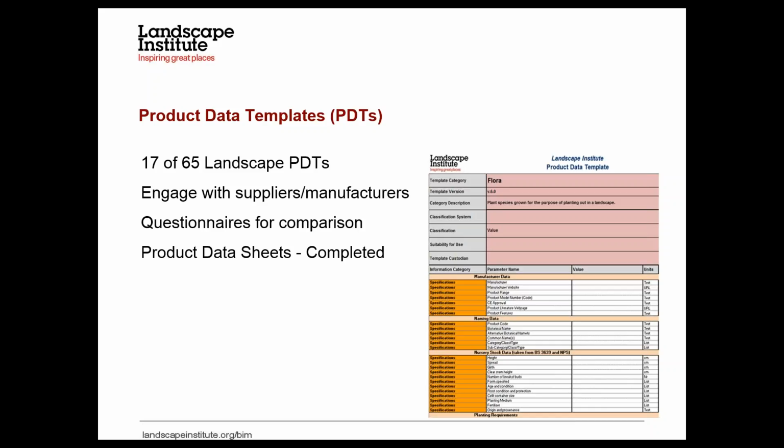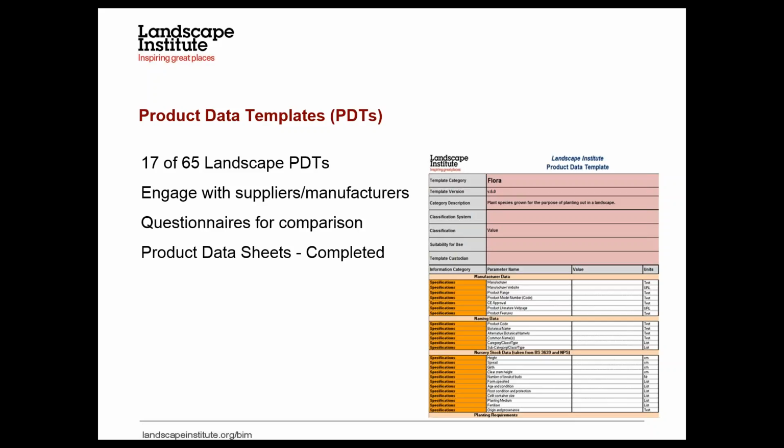If you just say this person supplies a bench and this person supplies a bench, but you've got no other criteria to make decisions on, you've got no ability to understand the lifetime cost of one bench over another. What the product data template will give you is that ability to look at the whole aspect of how it's supplied, fitted and potentially maintained.